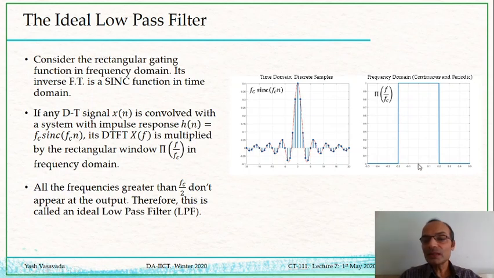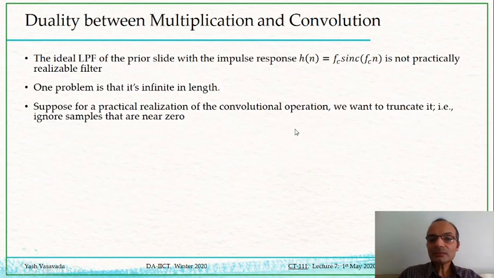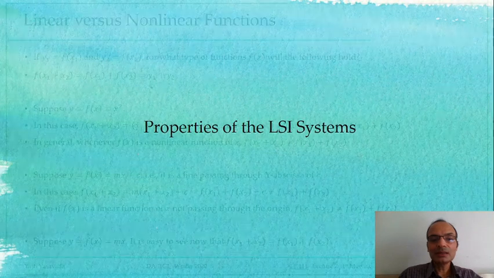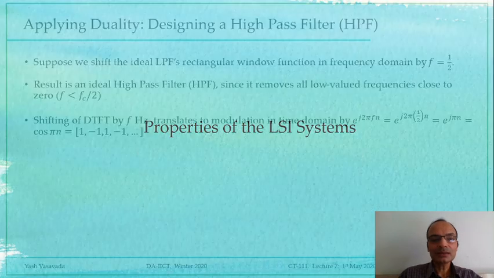So instead of being centered at 0, it will be centered at 0.5. But a shift in the frequency domain is going to cause the time domain to get modulated. How it is going to get modulated is the last thing that we are going to look at.